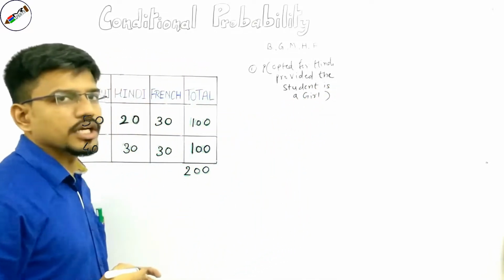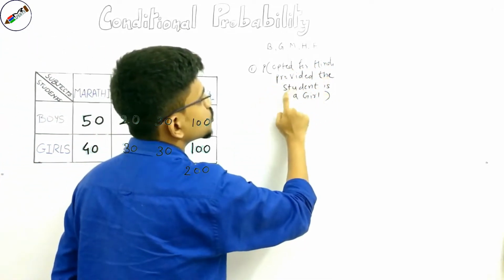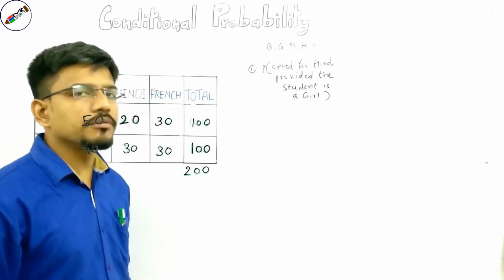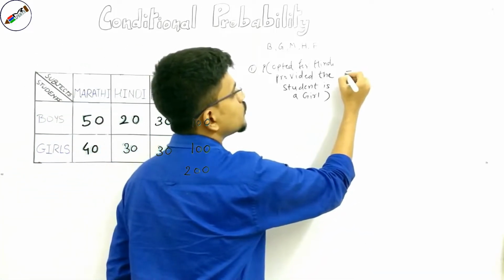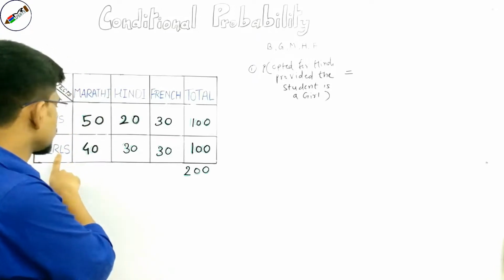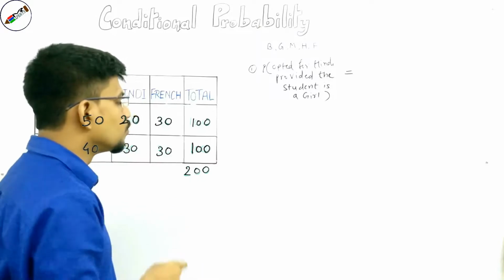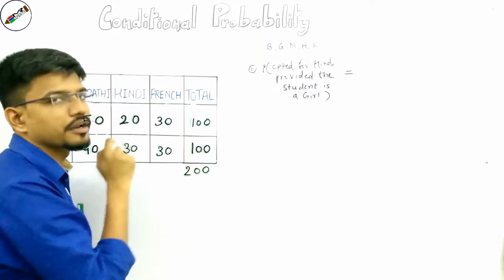Now, if you think clearly, opted for Hindi provided the student is a girl. It means the student selected is only from girls. So it means there are in total 100 girls. Whoever the girl selected would only come from this 100.